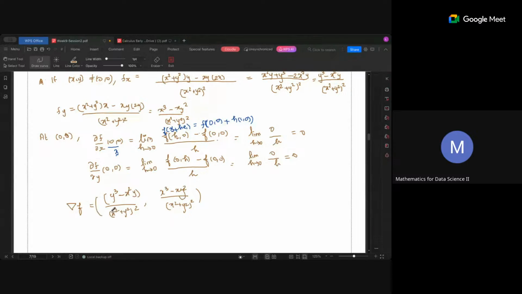This is when your xy is non-zero, and it is 0 comma 0 if x comma y is 0 0. So this is your gradient function.